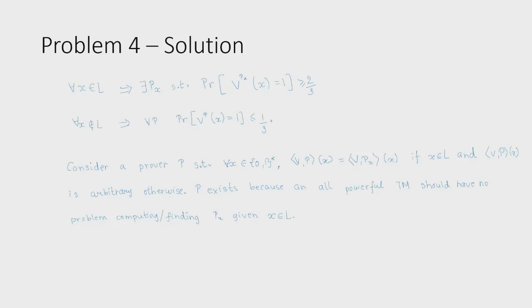So for all x in L, the probability that V with P outputs 1 is at least two-thirds. And the soundness condition remains unchanged, because the soundness condition is exactly the same, right?